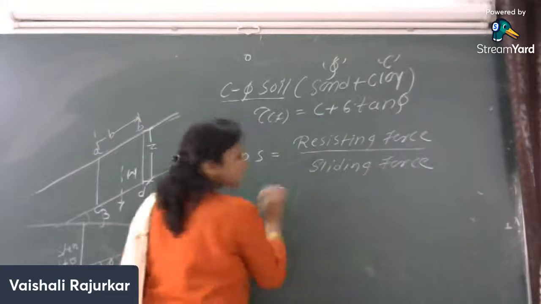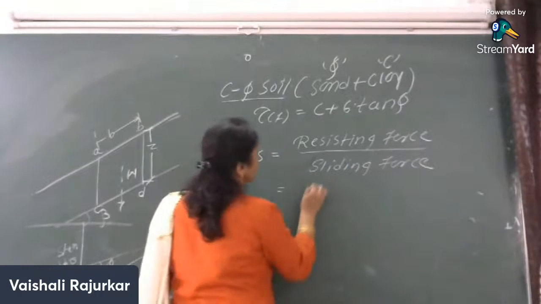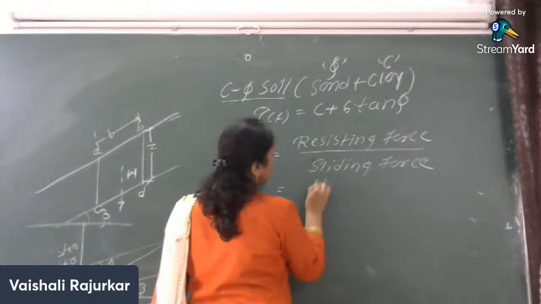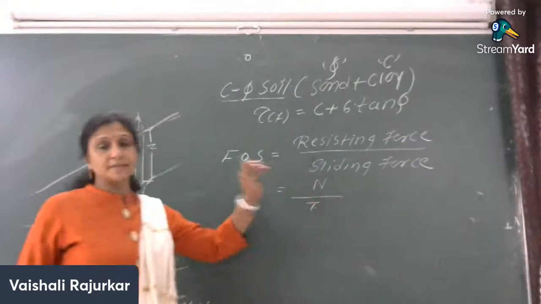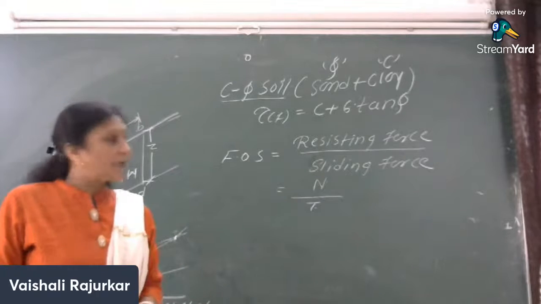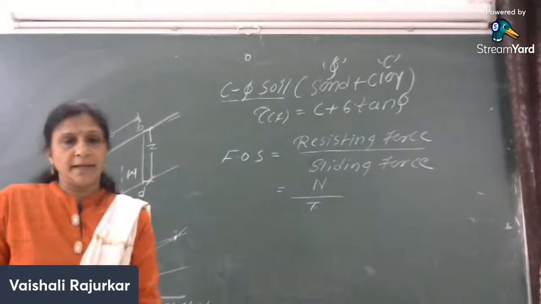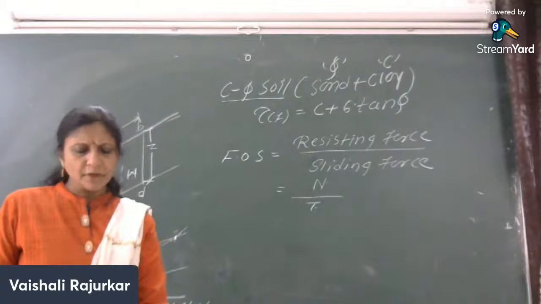So here, what is the resisting force? The resisting force is denoted as L, and here it is denoted as T. L is the component which will be N cos beta. What is N?